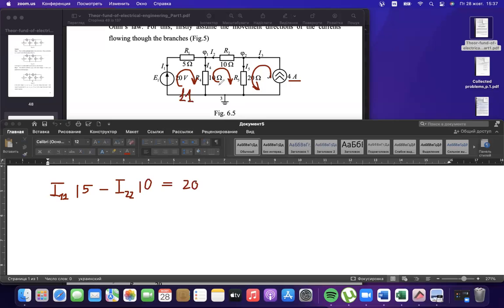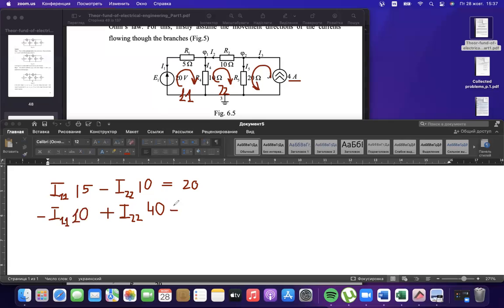The second equation: I22 on 10 plus 10 plus 20, it equals 40. Then minus I11 on the same 10 ohms resistance of this branch.